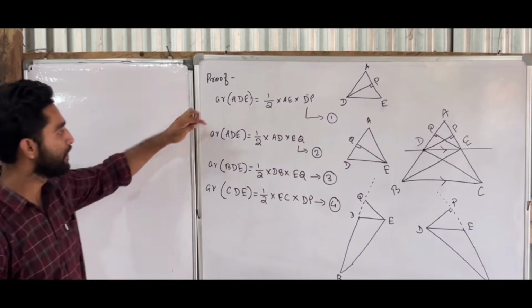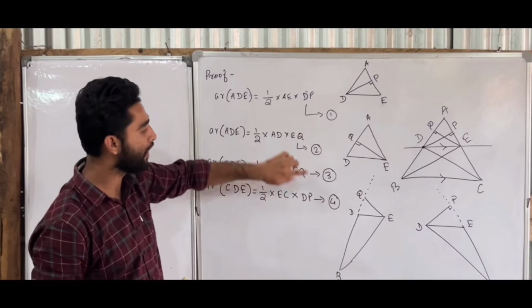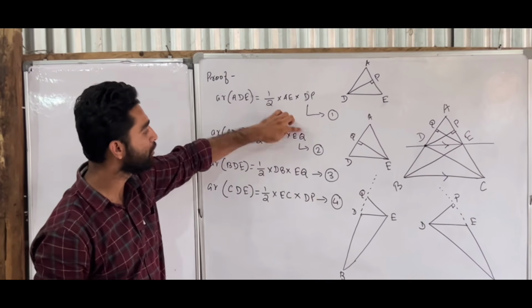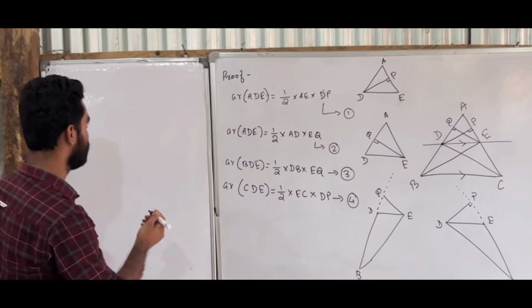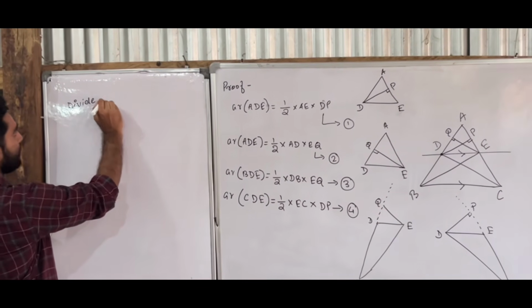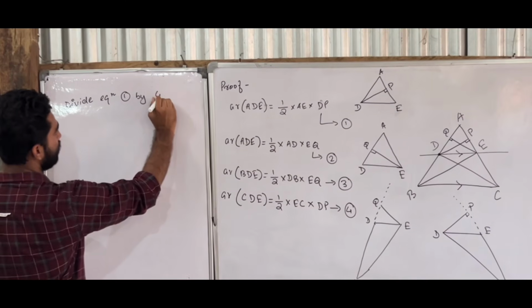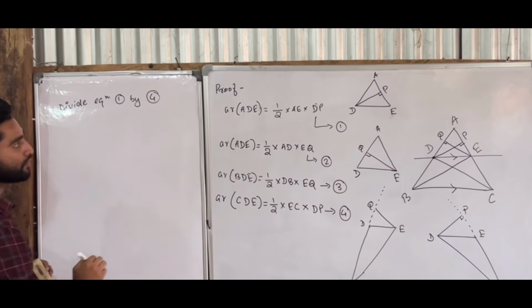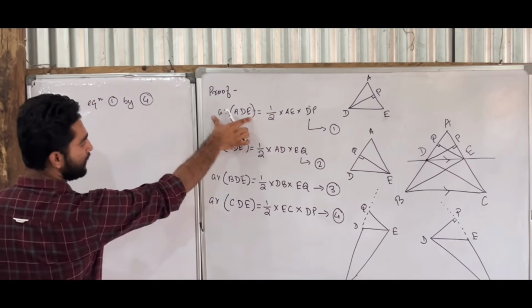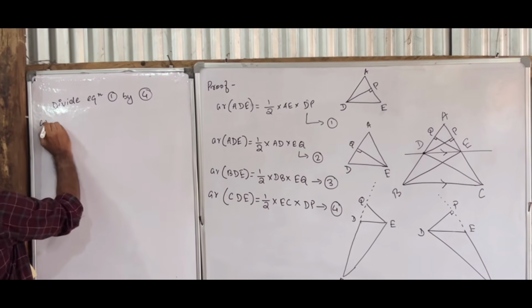Now see, here DP is there, here DP is there. Now divide equation 1 by 4. So left hand side divided by left hand side, then right hand side by right hand side. What will we get?